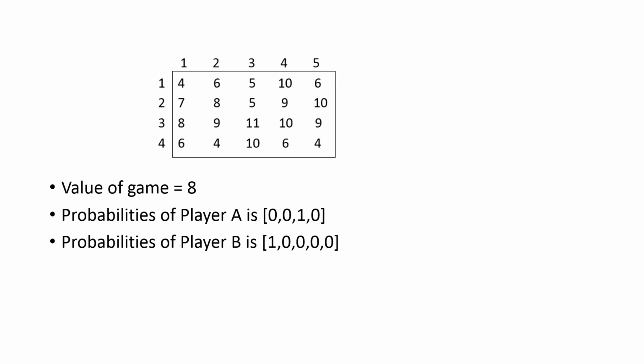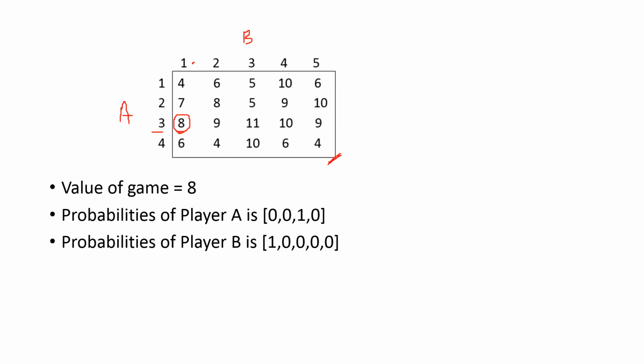This is the payoff matrix which we got in the question. For player A, for strategy 3 we had 8, and for player B, for strategy 1 we had 8, right? So this was the combination which we got.